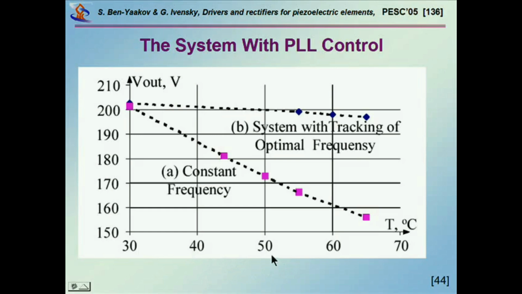So the parameters of the piezo are changing, and consequently you have to correct by changing the frequency. Now if you run it at a constant frequency, that's what will happen. It'll just drop very much. While if you are correcting it automatically, well, there's some error here, but this is holding up pretty much.